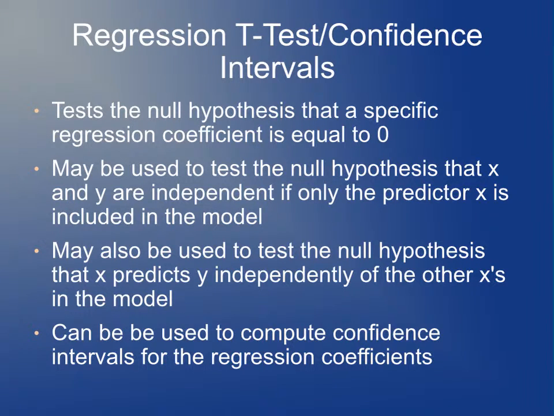And it'll also give you confidence intervals for the regression coefficients, which are of interest in some situations. I'll go back to this soon, but on the third bullet point, note that it does not test the null hypothesis that x is independent of y if you're in a multiple regression model. It only tests the null hypothesis that x doesn't give you any information about y given the other x's, which isn't exactly the same thing.